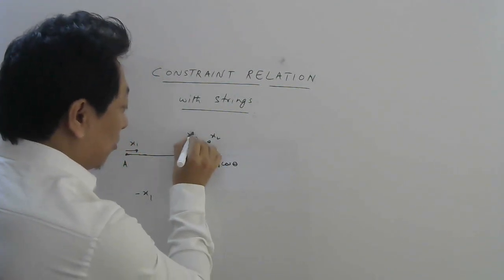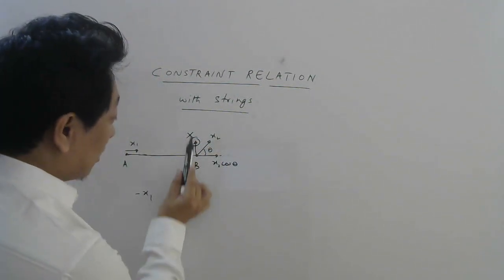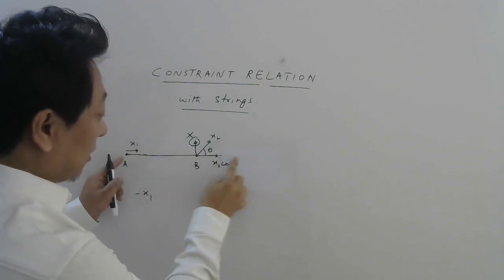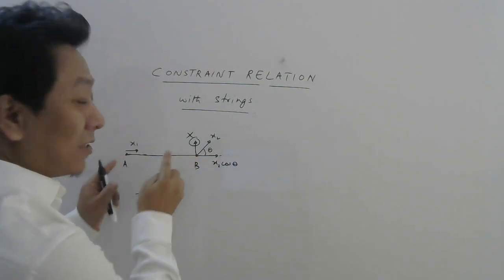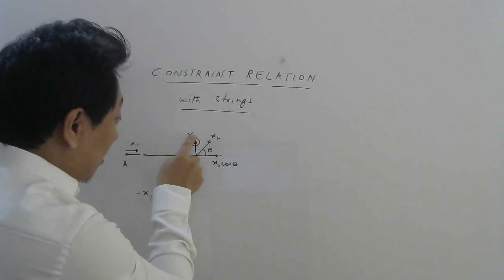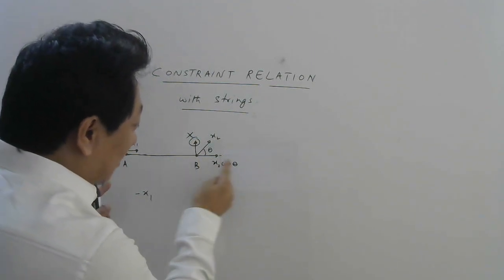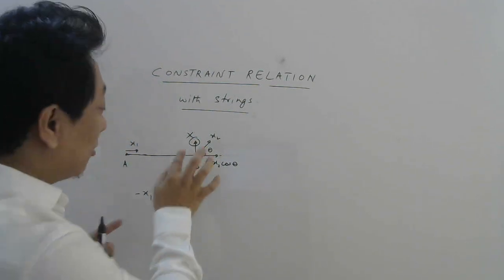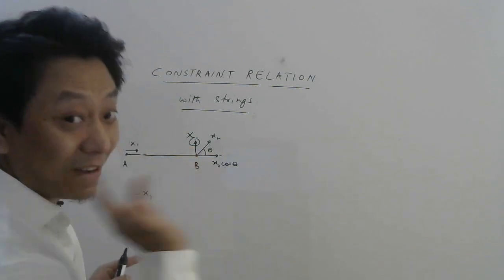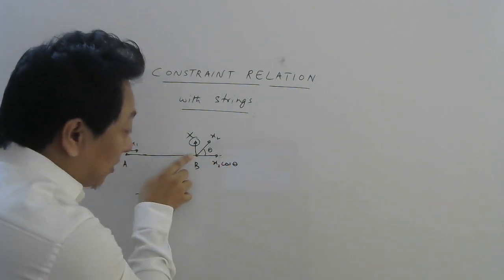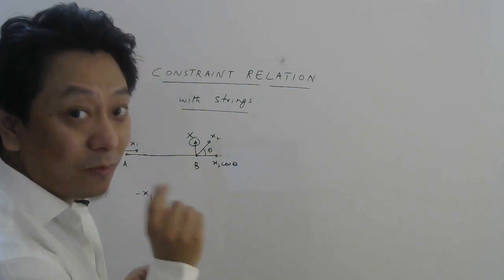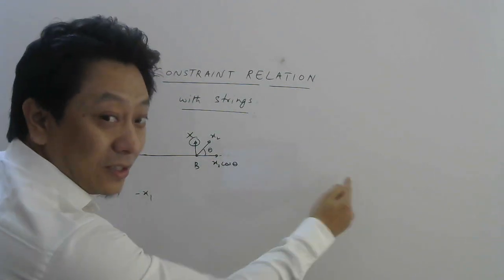This component we don't need now. Why? Because this displacement will neither increase the length nor decrease the length, isn't it? So we don't care about this right now. But this displacement which is along the string, what will it try to do? It will try to increase the length.